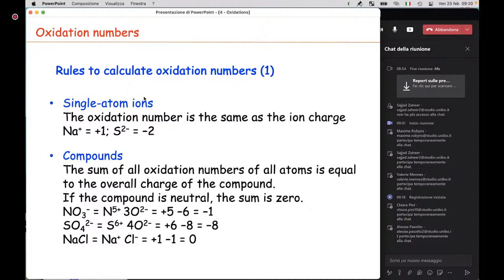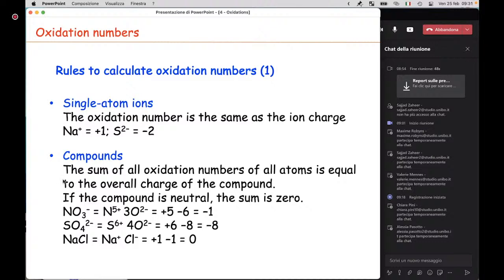If we have ions that are just one atom, single atom ions, the oxidation number is exactly the charge on the ion. So Na+ is +1, S2- is -2, and so on. So oxidation numbers in single atoms is quite simple.